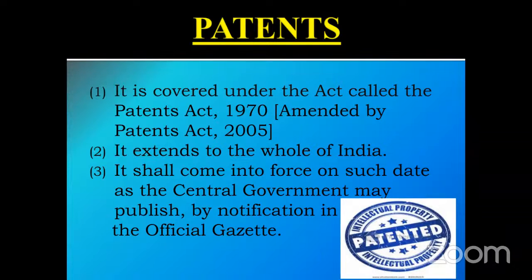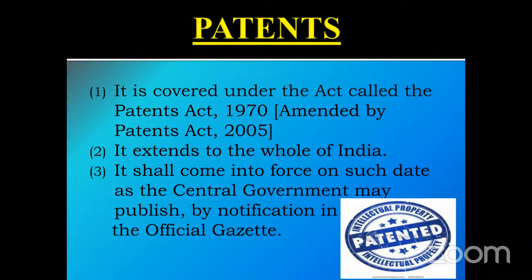So if it comes under the Patent Act 1970, as I told you, if you have to register your intellectual property, maybe a trademark, trade secret, copyright or patent, you have to approach one of the four different centers of India. They are located at Mumbai, Chennai, Delhi, and Kolkata.